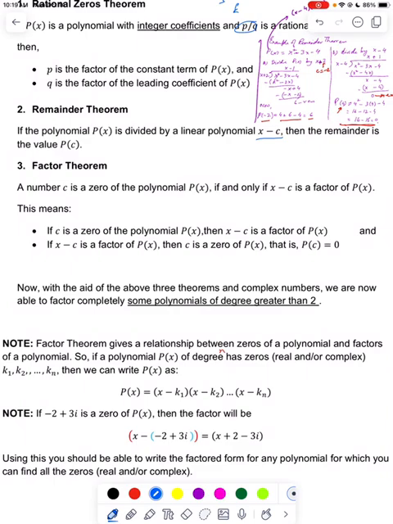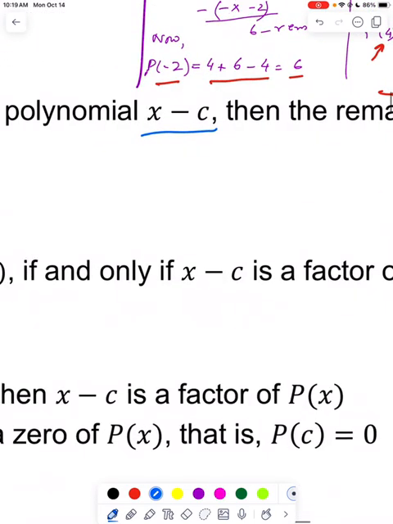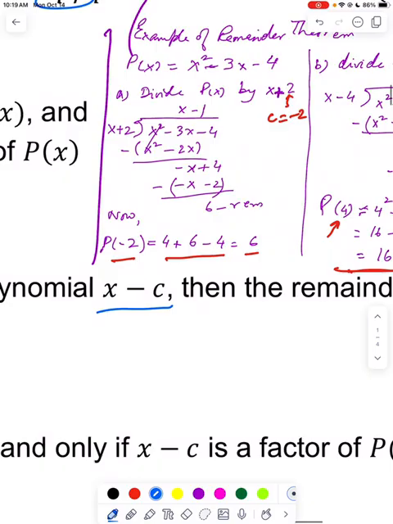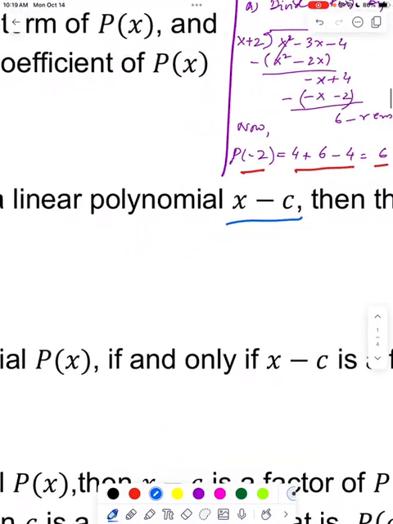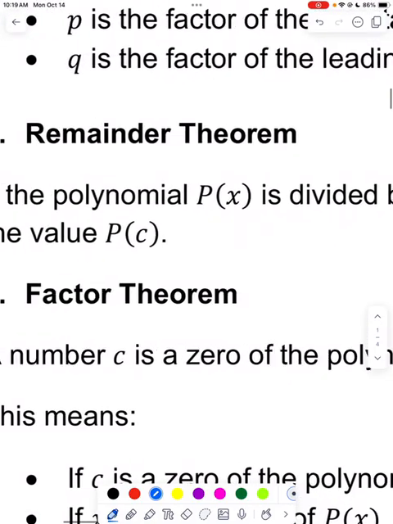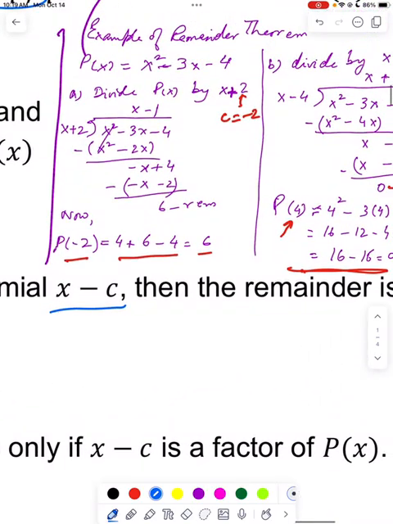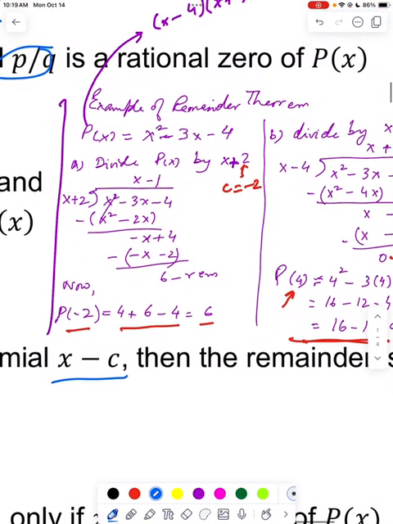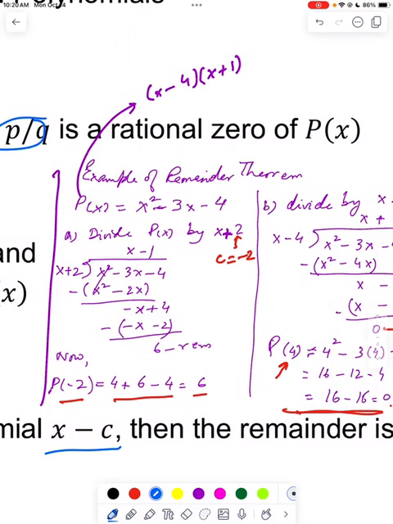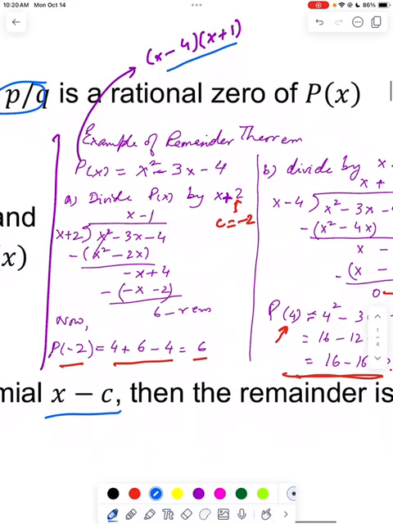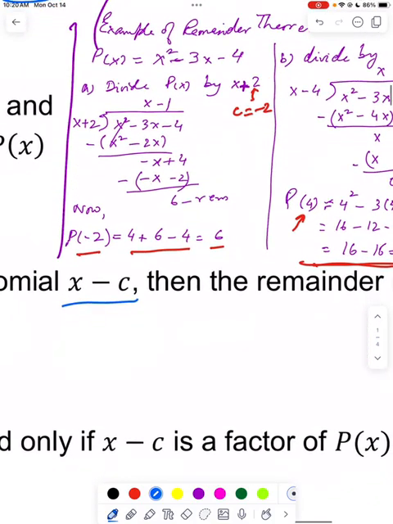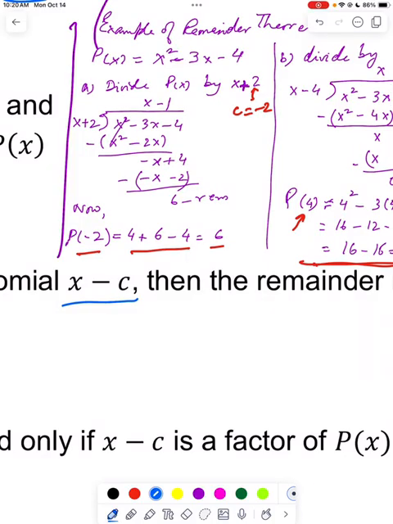So here we are not going to prove these theorems, but I'm going to show you what this remainder theorem means. So let's take a polynomial x squared minus 3x minus 4. We already know that it can be factored as x minus 4 times x plus 1. So let's say I divide it by x plus 2, which means my c is equal to -2.